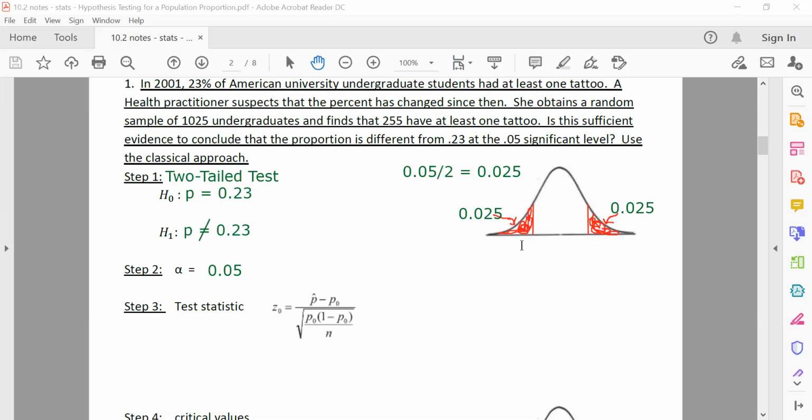So our critical z-scores, we need to go to our z-chart and find z-scores where the lower z-score has 0.025 to the left of it, and the upper z-score has 0.025 to the right of it. So let me pull up a z-chart. We're going to find that's going to be negative 1.96 and positive 1.96. But don't believe me, let me bring up this z-chart here, and I will show you that this is stuff we've been working on already this semester.